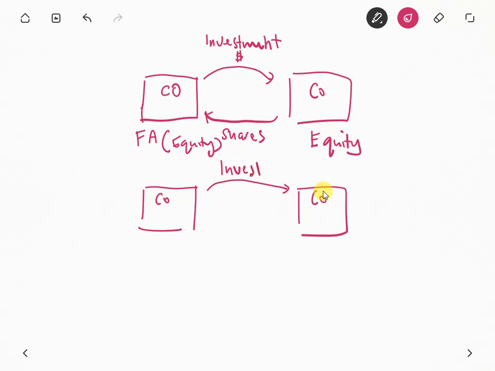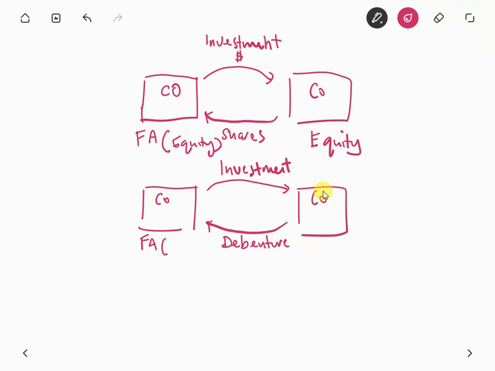Invest. Issue debenture. So this company invests in the company's debenture. So it is an investment, then it is a financial asset.